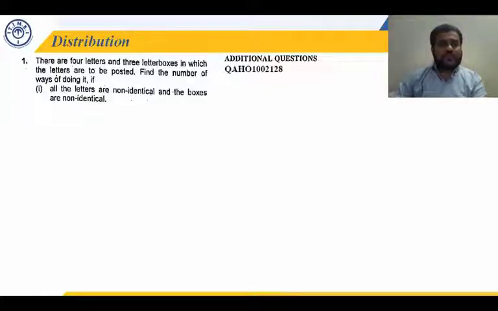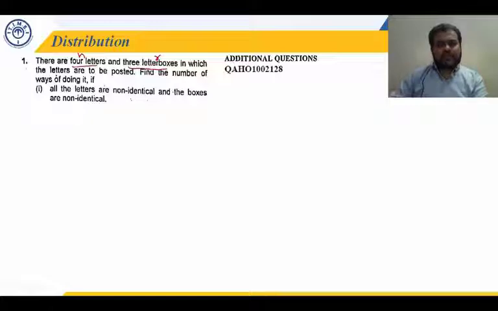So we have 4 letters and 3 letter boxes. So here n is 4 and letter boxes are the boxes basically, so this is r and this is n.